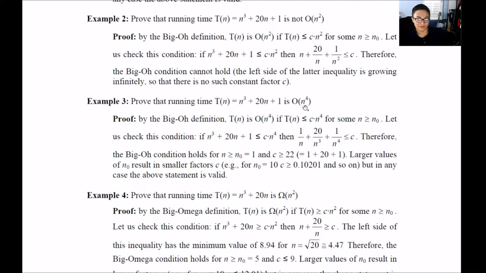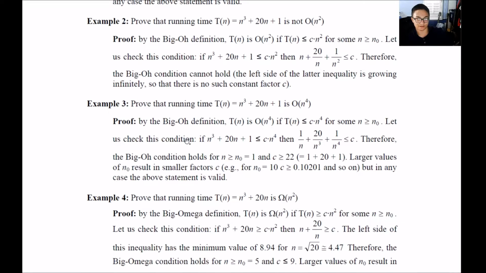So I guess assuming the definition of what big O is, if you check this condition, it's valid. I feel like it's valid, but it's not true, because if you think about it, if I say prove that running time t of n is equal to n cubed plus 20n plus 1 is O of n to the a millionth, then you're just having the same thing, except these are extraordinarily small.